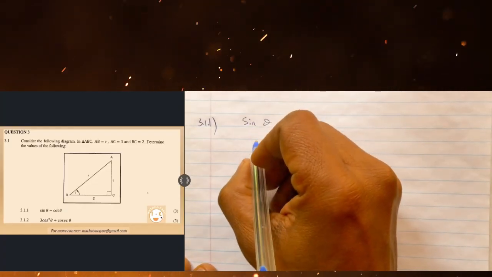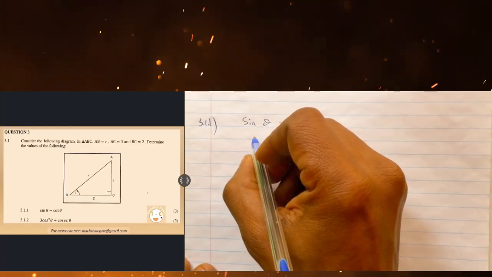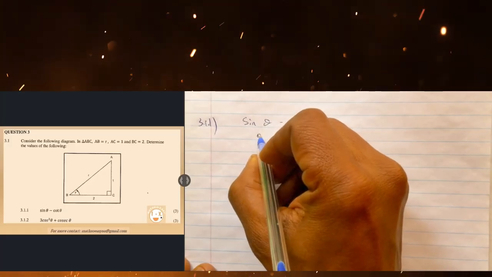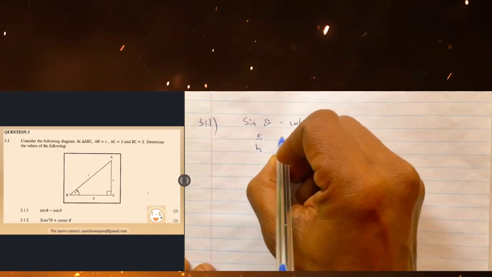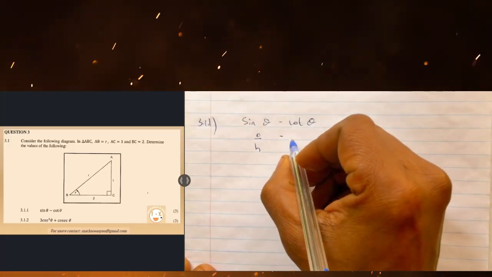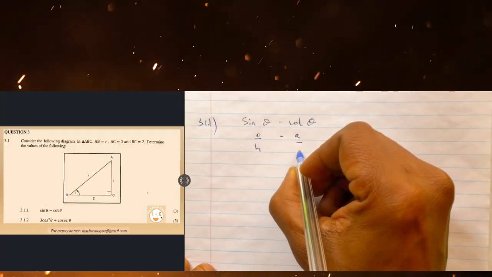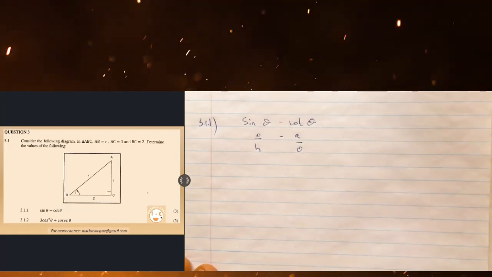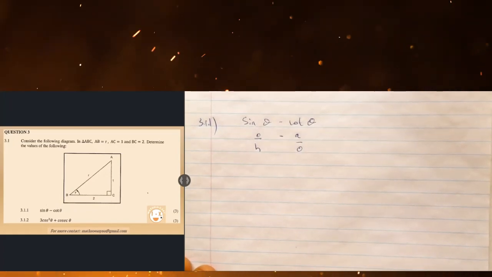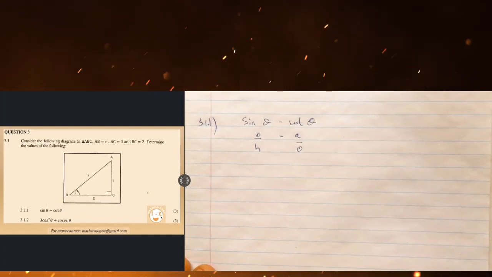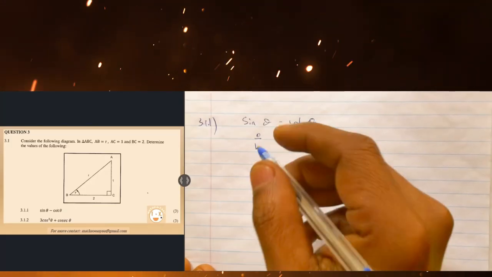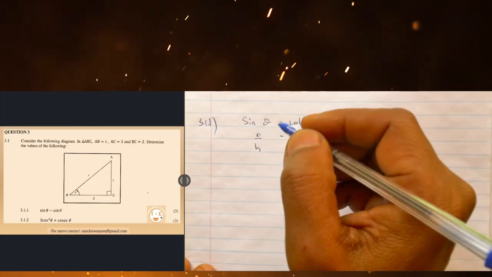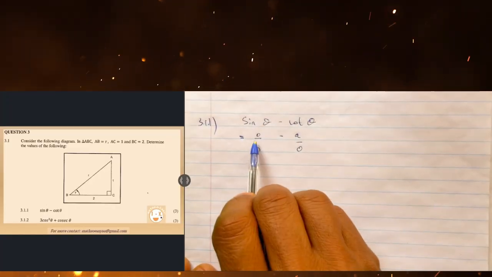You are going to say this one is opposite over hypotenuse. And then what about this one? Opposite over adjacent? Then you got it wrong. This one is adjacent over opposite, isn't it? Then what is our h? Our h is, let's do this, equals both.